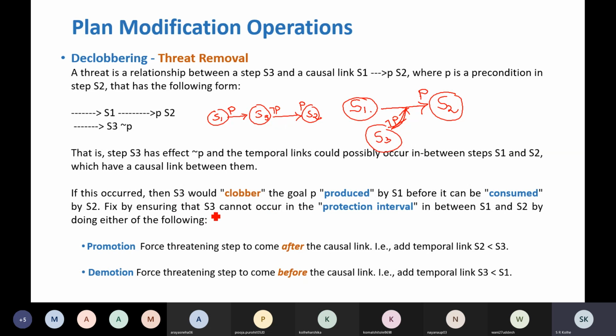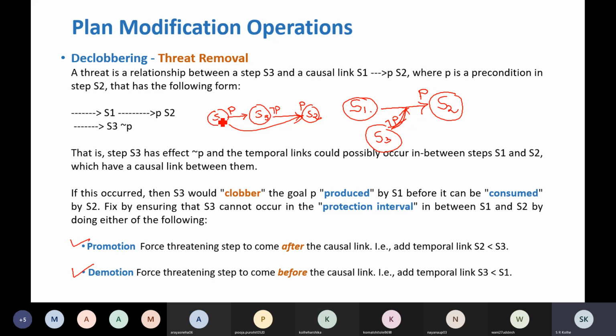Fix this by ensuring that S3 does not occur between S1 and S2. Make sure that S3 does not occur between these two. This is called a protection interval. This can be done by using promotion or demotion. Now what is promotion?